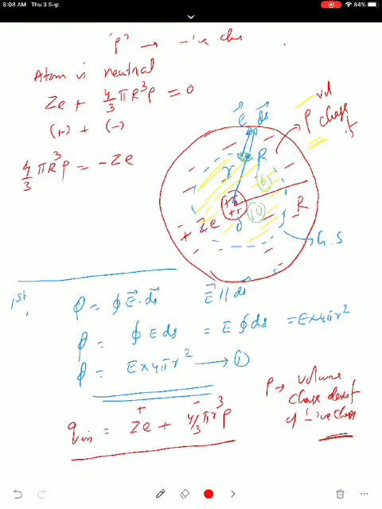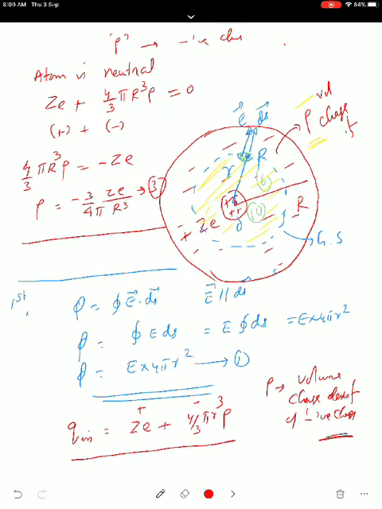Getting the value, rho equals minus 3/4 Ze divided by pi R cube. This is your equation number 3: rho is negative, minus 3 Ze divided by 4 pi R cube.